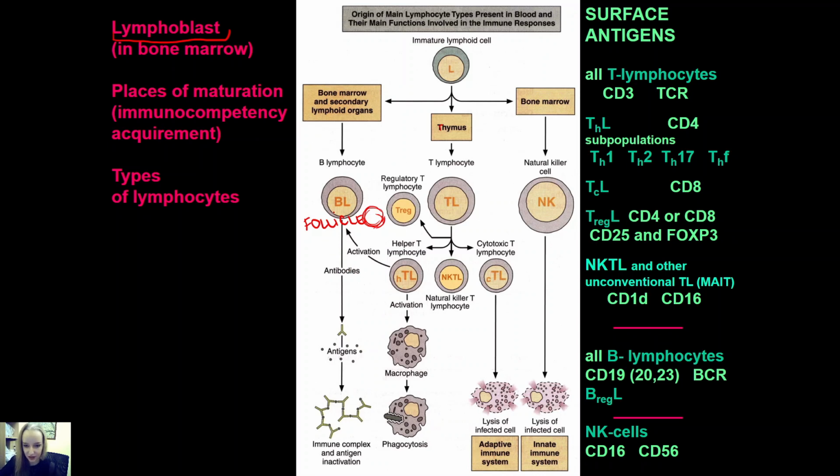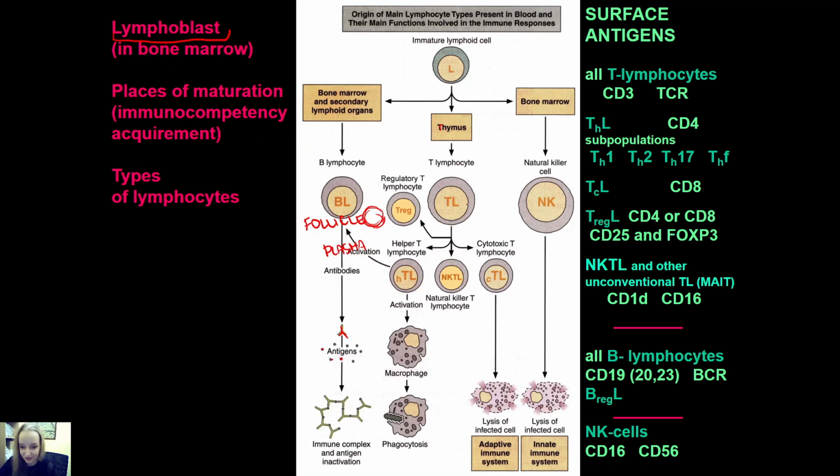So B lymphocytes will transform themselves into plasma cells to produce antibodies, these proteins, which will now bind to some antigens. And this is happening in a lymphatic follicle.